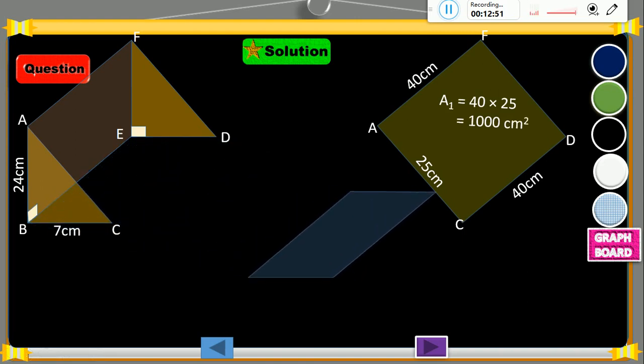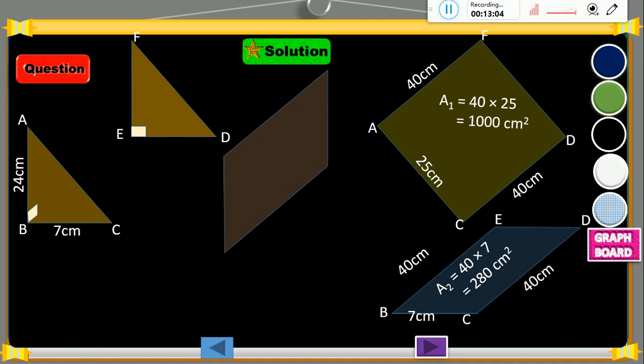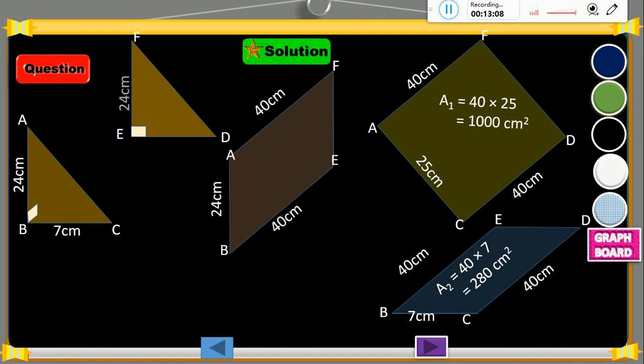Let's bring up the second rectangle. Let's also calculate the area or the surface area of that rectangle. That gives us 280. Then the next rectangle, the area or the surface area is calculated and is given by A3, 960, leaving us with the area of these two triangles.